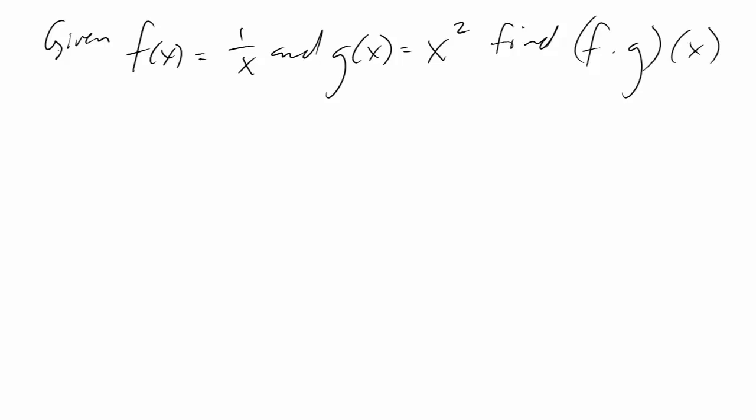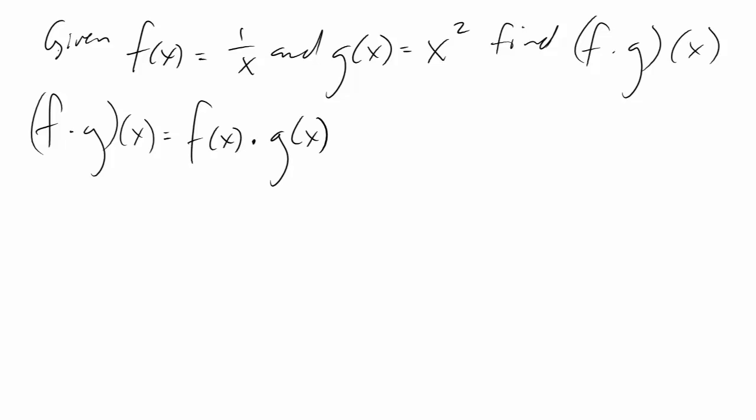Alright, here we've been given functions f of x equaling 1 over x and g of x equaling x squared, and we're asked to find f times g of x. Right, so f times g of x is nothing more than f of x times g of x, which makes this problem at least straightforward.